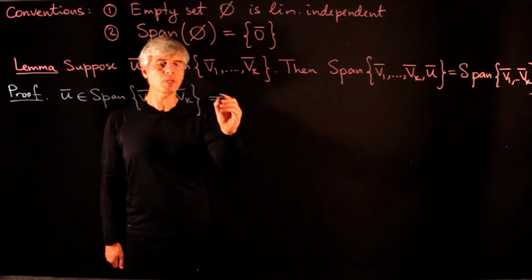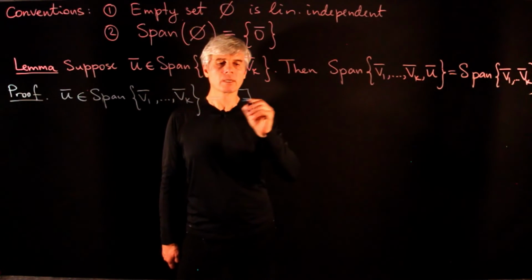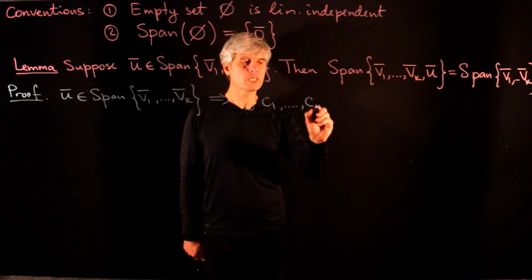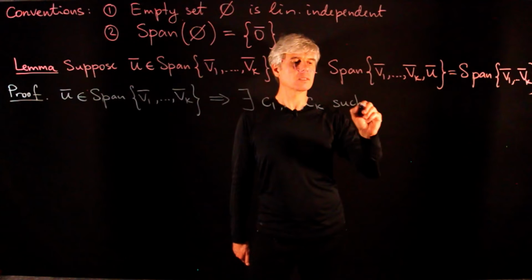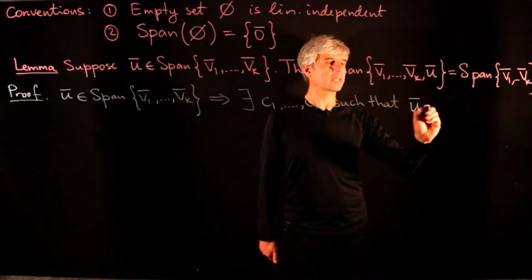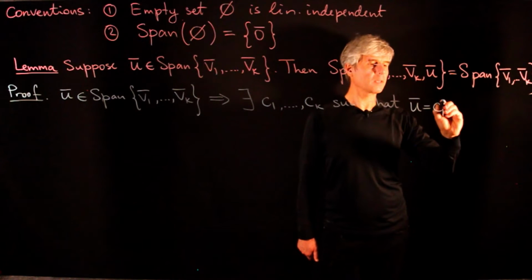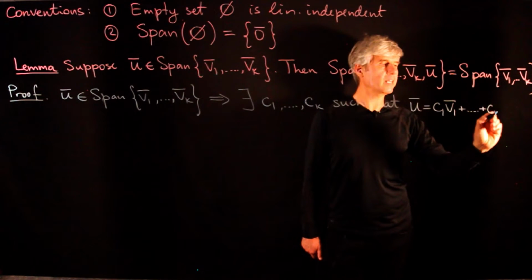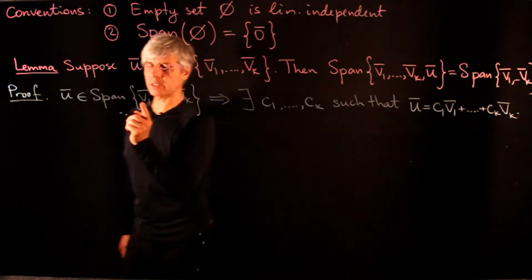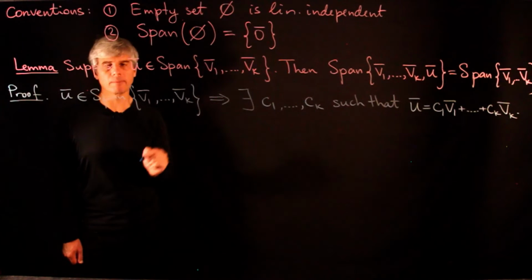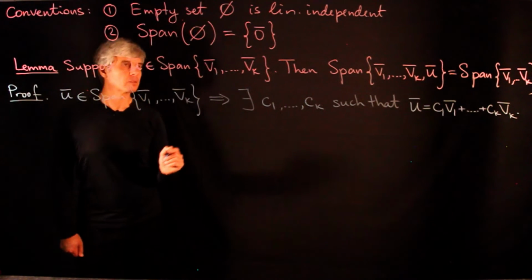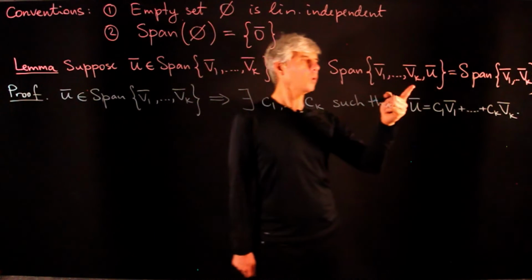This implies that there exist scalars c1 through ck such that u can be written as c1 v1 plus through ck vk. This is what it means for a vector to belong to the span of other vectors. Now we need to show equality of two sets.